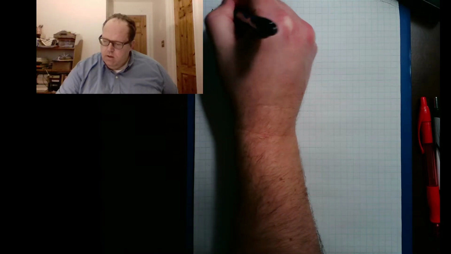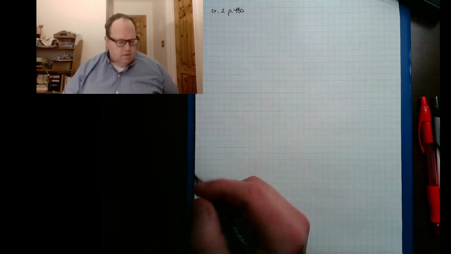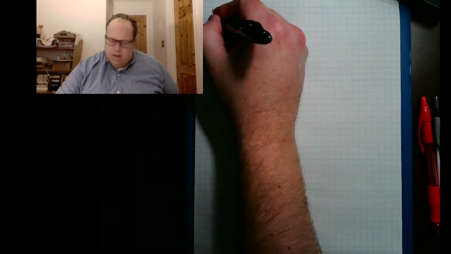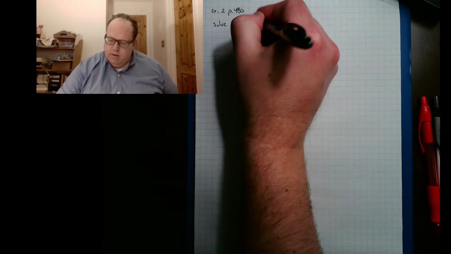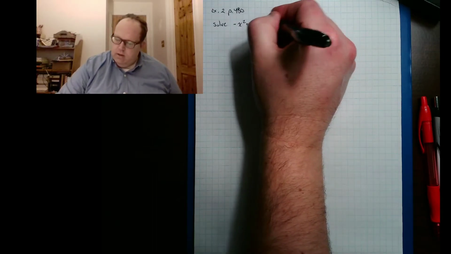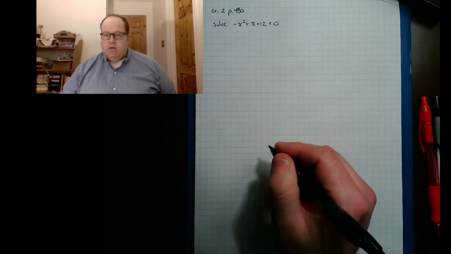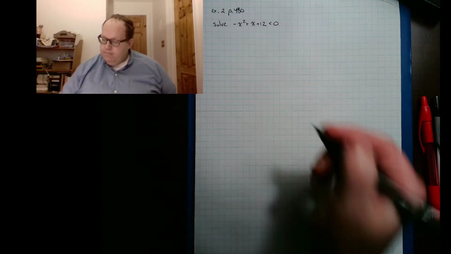This next is example 2 off page 480. And we are asked to solve negative x squared plus x plus 12 less than 0. So I won't run through each different way in this case, so I will look at the graphing solution.